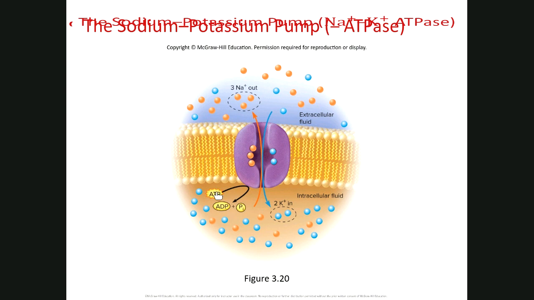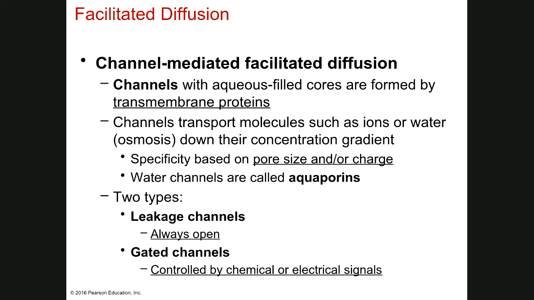Notice that in order for this pump to operate, in order for us to be able to have this action of pumping this sodium out, first of all, you have to have hydrolysis of ATP. Okay? We need energy to do that. All right, like I said, I do have a short lecture going through the specific mechanics of the sodium-potassium pump, and I will put that on here just after I'm finished with this one. Okay, so we're getting there.